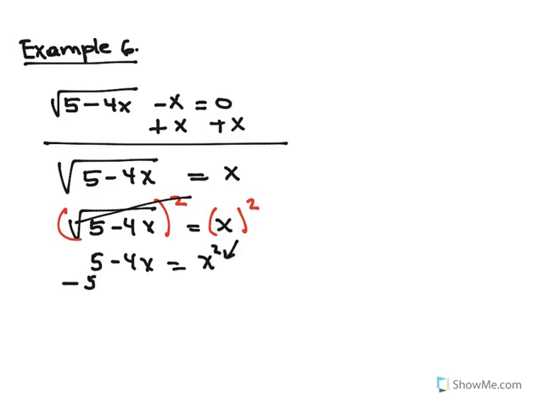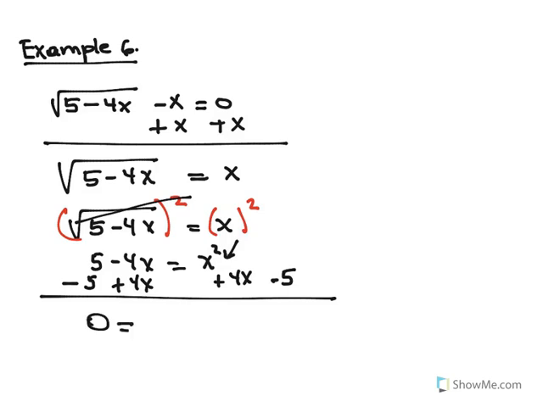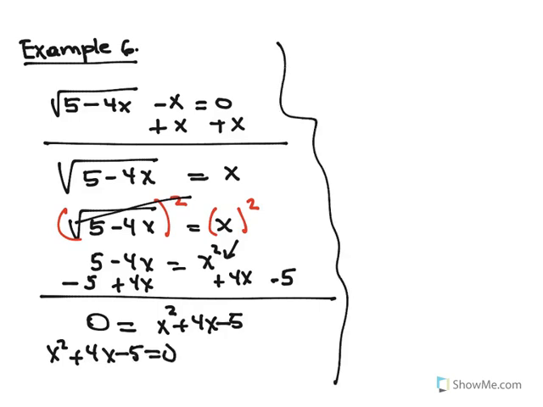I'm going to subtract 5 and add 4x, and what I'm going to get is a 0 here, and x squared plus 4x minus 5 is equal to 0. So that's my equation: x squared plus 4x minus 5 equals 0. To solve this equation, I need to factor. Let me write the equation right here so we can all see it.